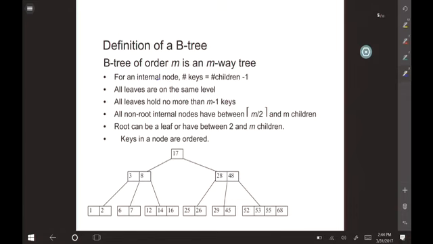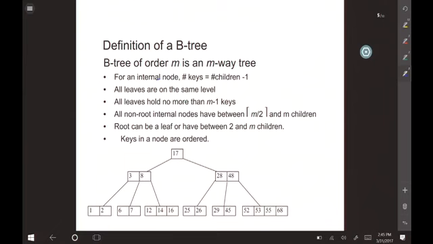All the leaves are on the same level, which means that a search for... same level designation simply says this is a very nicely balanced, in some sense, tree.